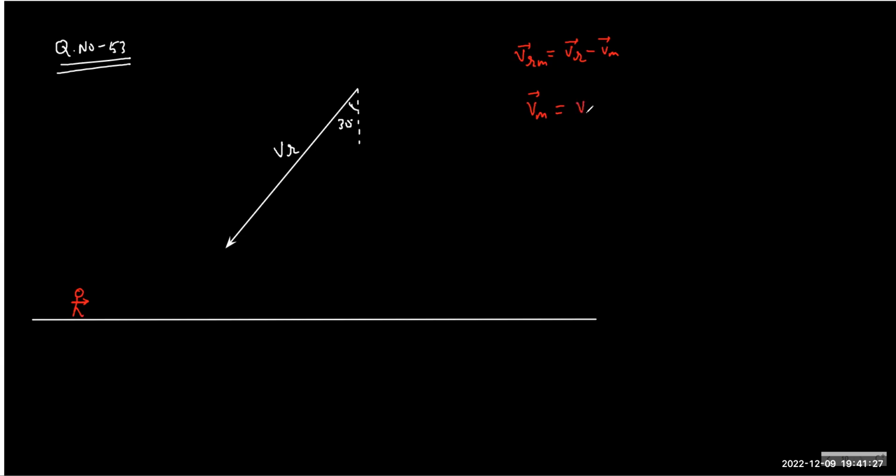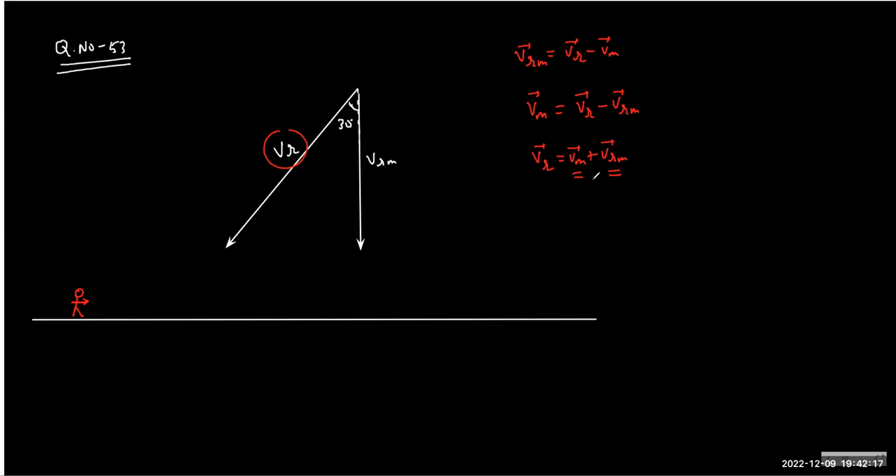So VR equals VM plus VRM. I want to produce this VR using these two vectors, the man and the VRM, and VRM is given to us as vertical, right? This is VRM.